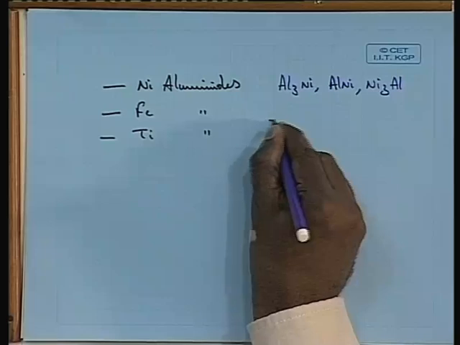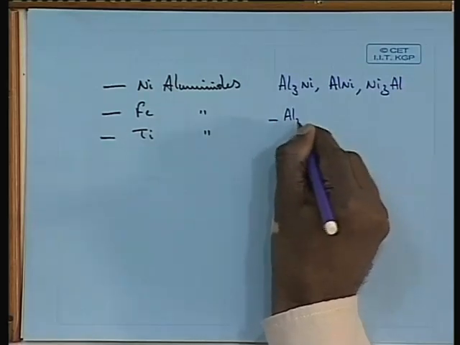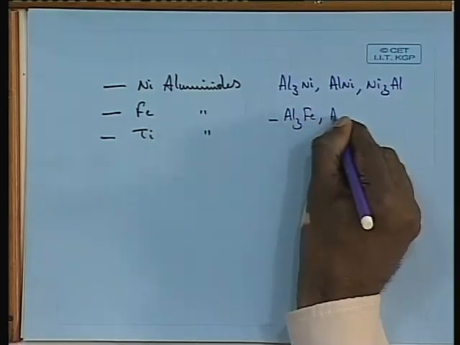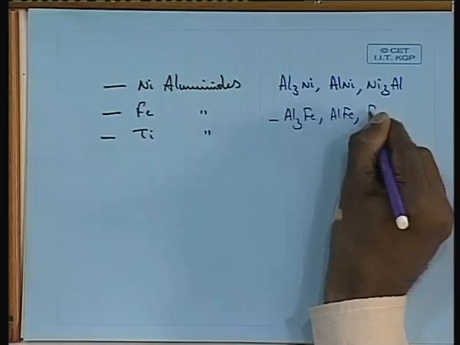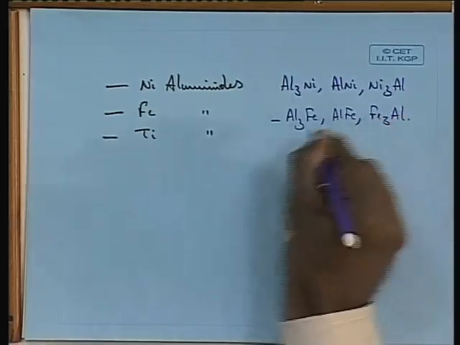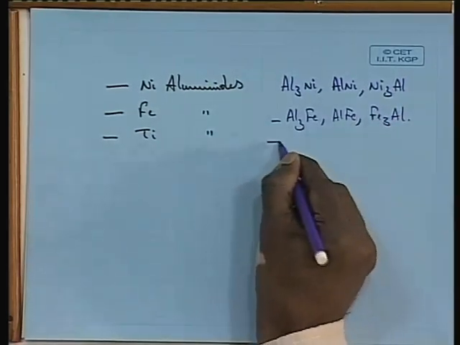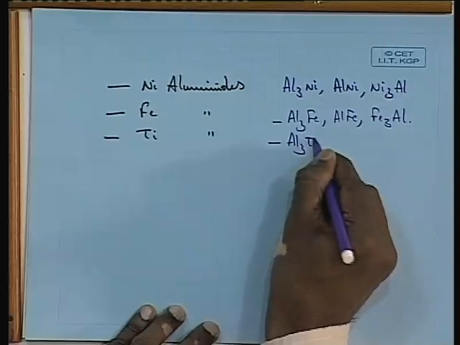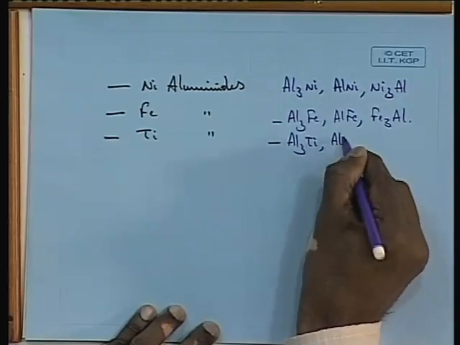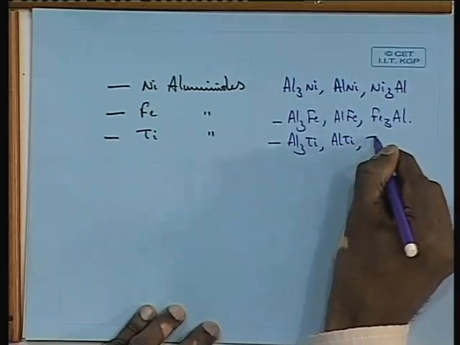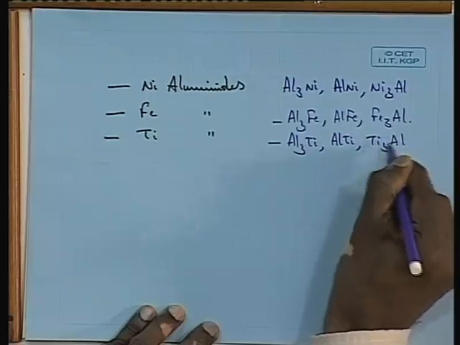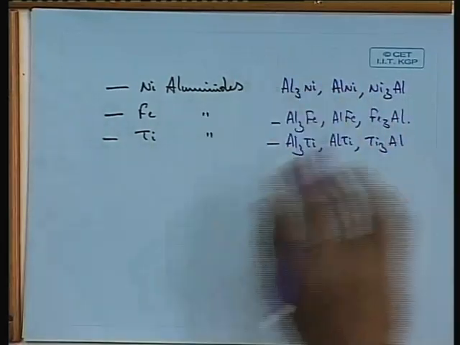Similarly, in iron also you can have Al3Fe or AlFe or Fe3Al. Same thing is true for titanium. You can have Al3Ti, you can have AlTi or TiAl or Ti3Al. These compounds have become very popular.